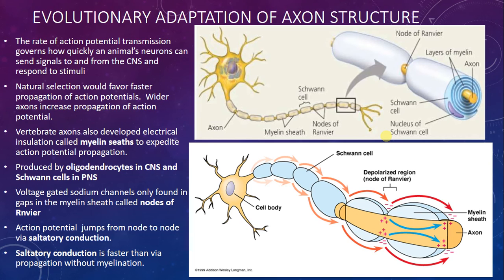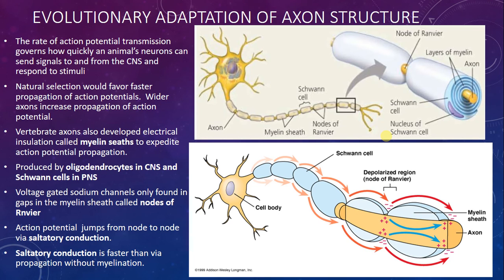And so, just like a hose or gauges of wire, a wider or bigger axon can increase propagation of action potential. However, there's a limit to how big these axons can be. It can't get too big, otherwise the functionality of the nervous system is lost.